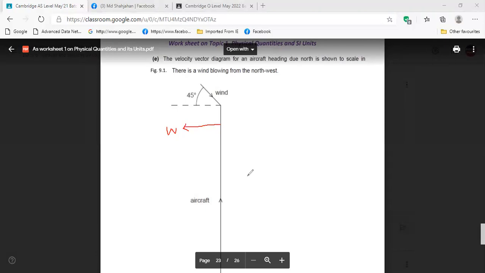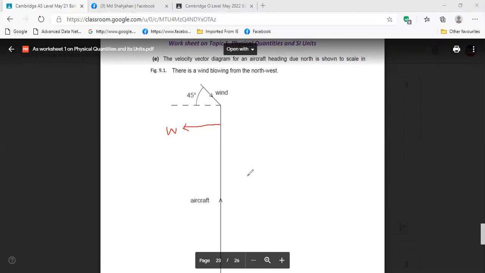This one you have to keep in your mind. First understand this way.